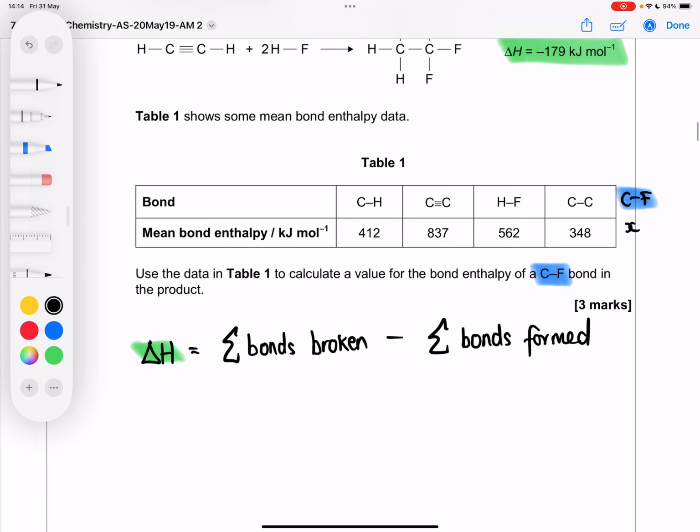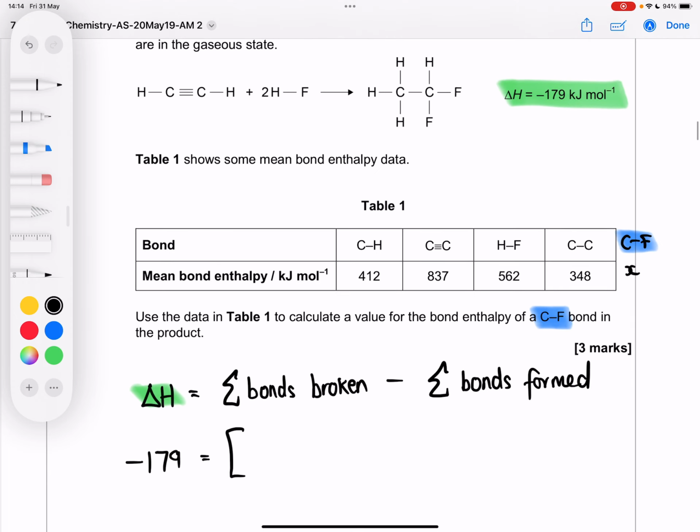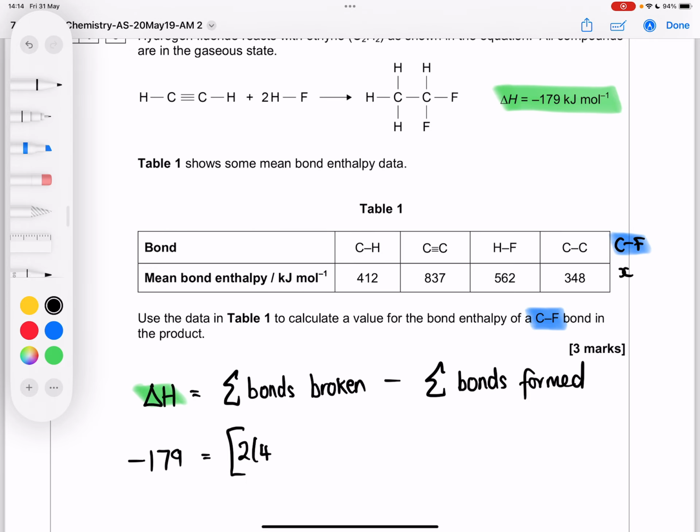We don't know this value, but minus 179 equals, what bonds have we had to break? If we start with the ethyne, we've got 2 CH bonds and a C triple bond C, and then we've got 2 HFs. So that's everything that we've had to break. What have we made?